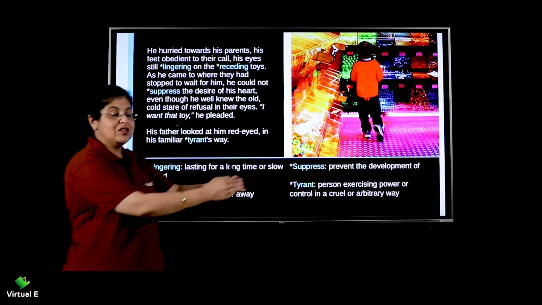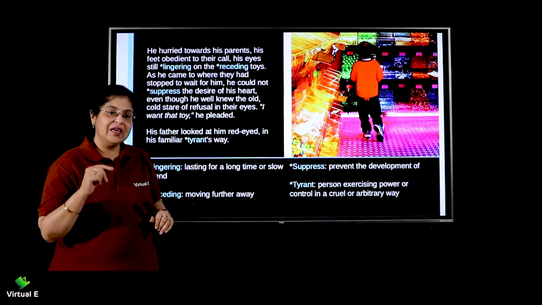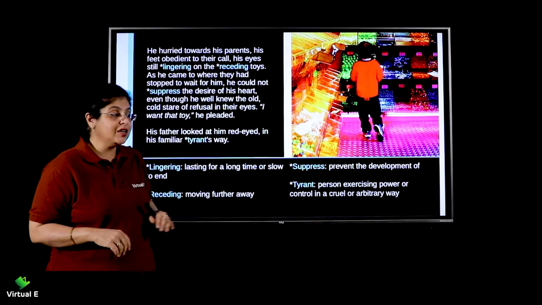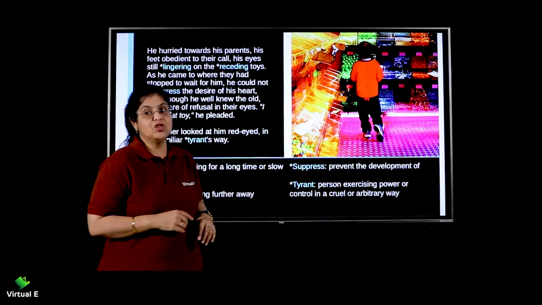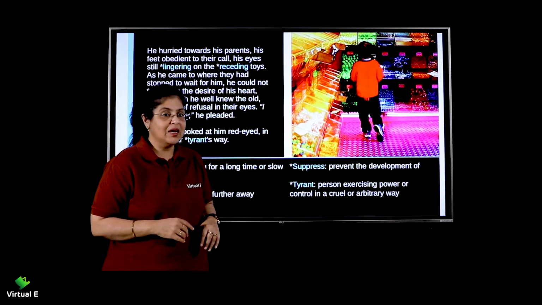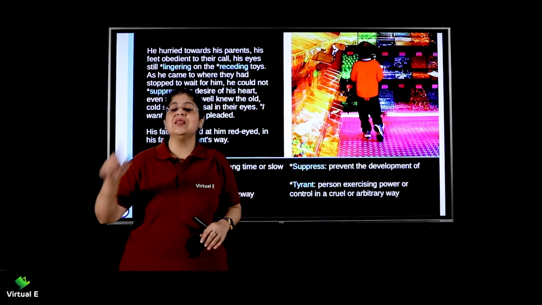So the moment he went to his parents where they were waiting for him, he knew it, because that was the case which has been with him always. So he knew, when I would go and tell them, they would just look at me and do that, old cold refusal. But still, being a child, he said, "No, I want that toy, please."